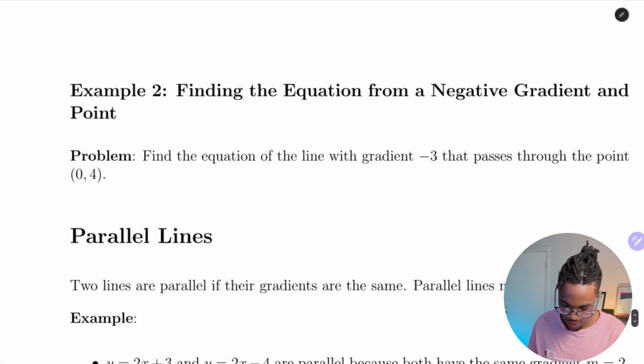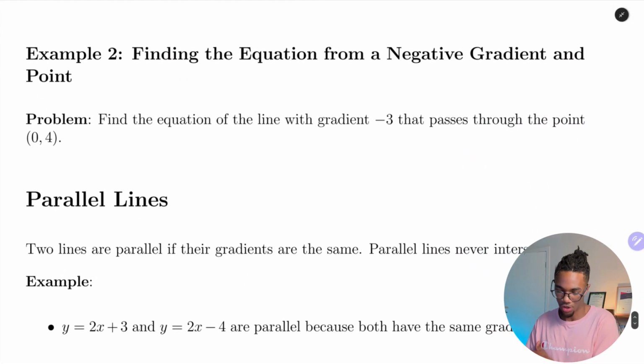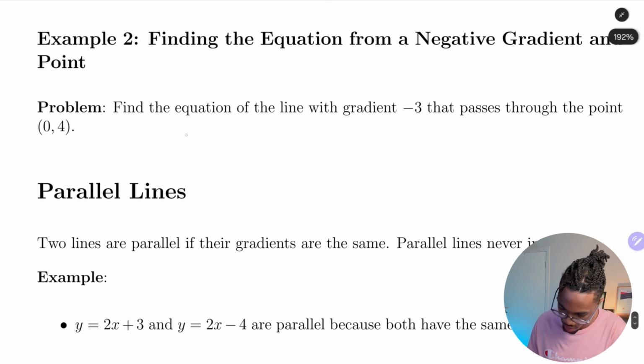Moving on to the next one, find the equation of the line with the gradient of minus 3 and passes through the point 0, 4. So gradient of minus 3, again, write the equation.